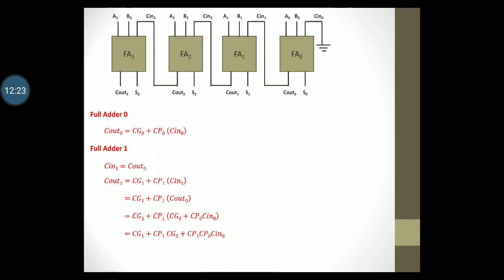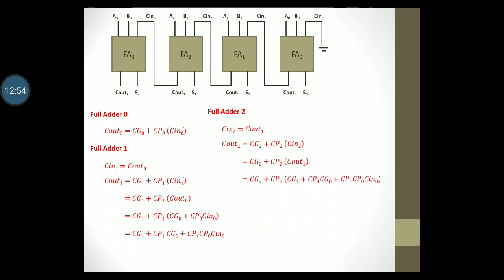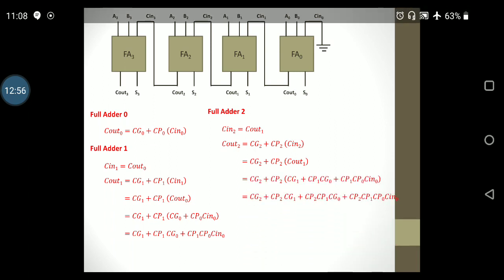In the same way, for full adder 2, Cin 2 is equal to C out 1 and C out 2 is equal to CG2 plus CP2 into Cin 2. But you know that Cin 2 is equal to C out 1. Thus the equation now becomes CG2 plus CP2 into C out 1. We'll substitute the value of C out 1 and open out the brackets.